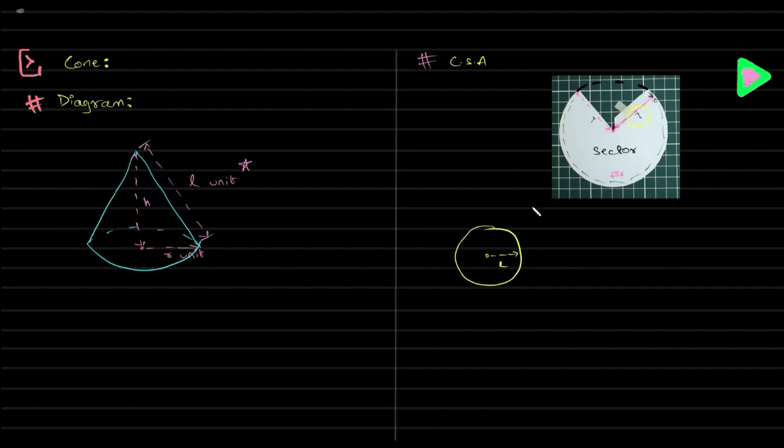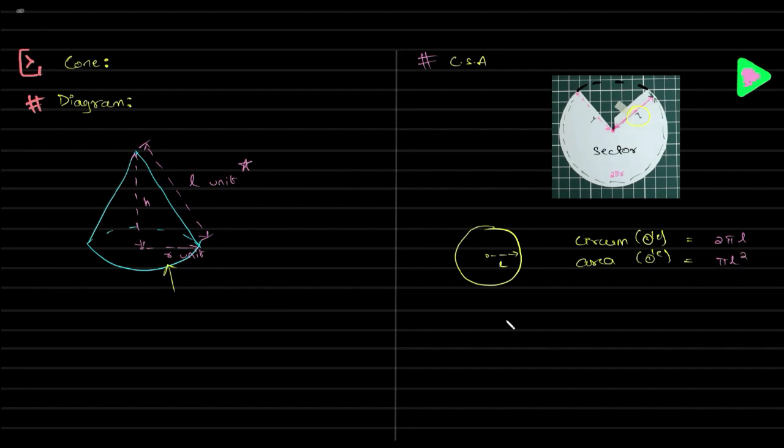This is of radius L. R is to do with the base of the cone. So first thing is that. So for this circle, I would like you guys to figure out the circumference and the area of this particular circle with radius L. So this would be what? Yes, 2 pi L, and this would be pi L square.